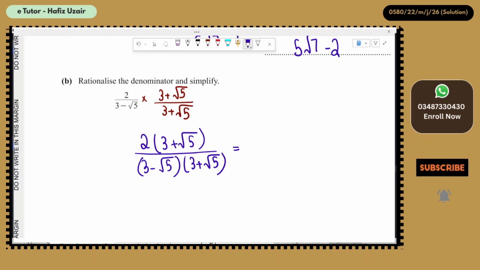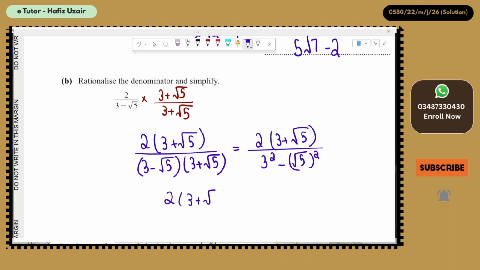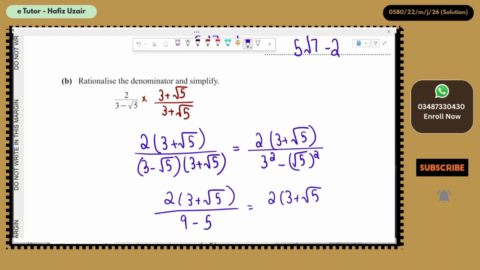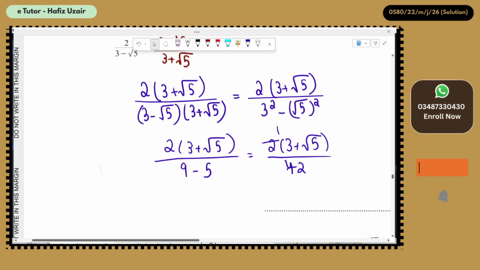The numerator you can write as it is. Let's simplify the denominator. This becomes 3 square minus square root 5 square. So this is 2 into 3 plus square root 5 over 9 minus 5, that is 2 into 3 plus square root 5 over 4. 2 times 1 is 2 and 2 times 2 is 4. So the answer will be 3 plus square root 5 over 2.